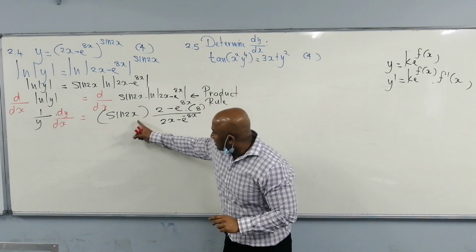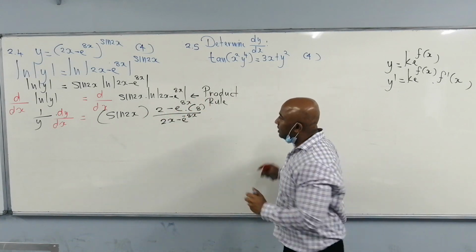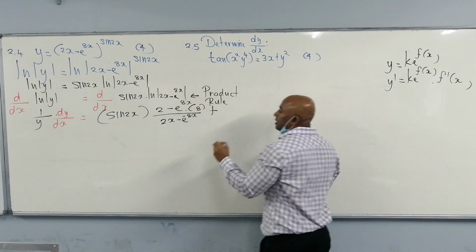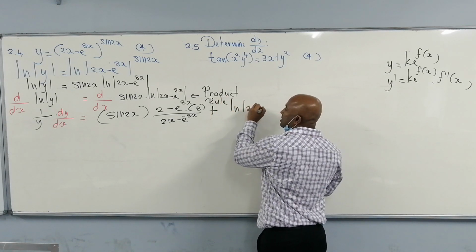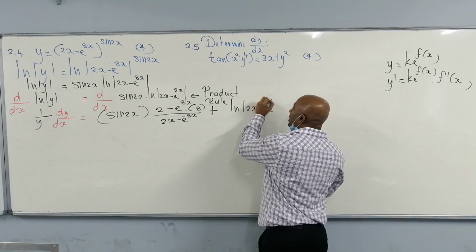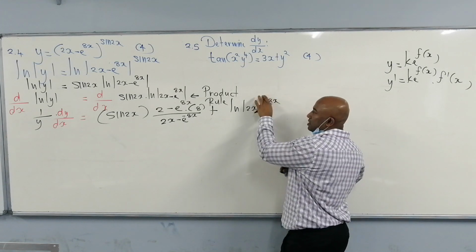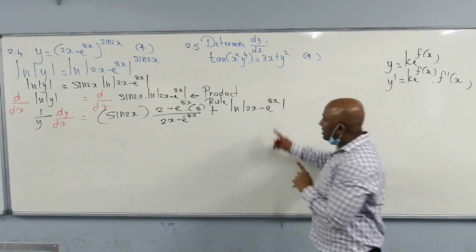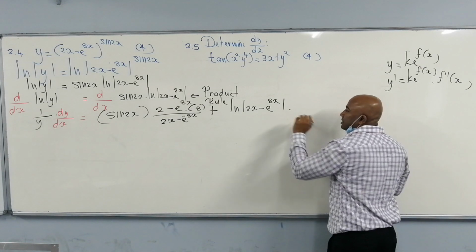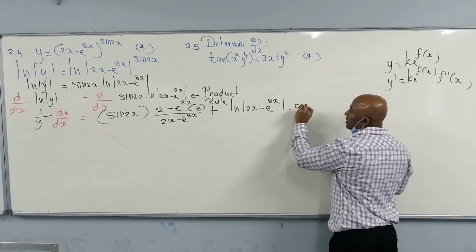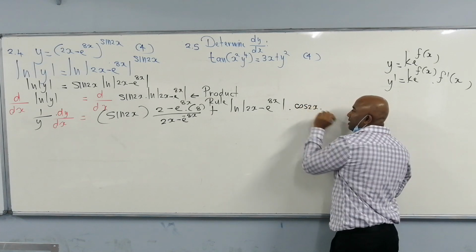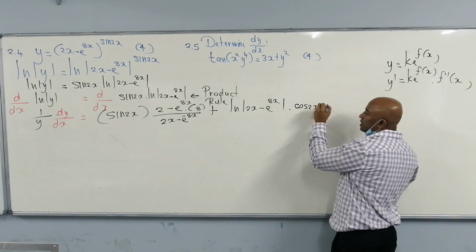So let's write down the first, differentiate the second, plus write down the second, which is ln of 2x minus e to the power 8x, positive 8x there. So write down the second, times differentiate the first. The derivative of sine 2x is cos 2x times the derivative of 2x, which is 2.